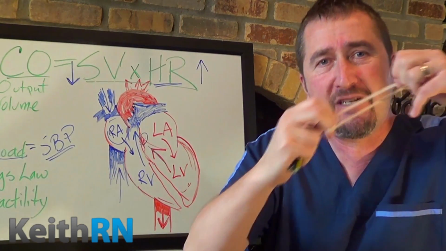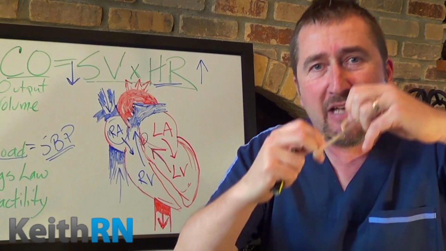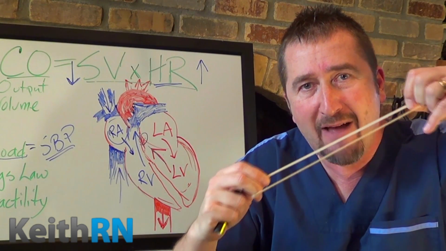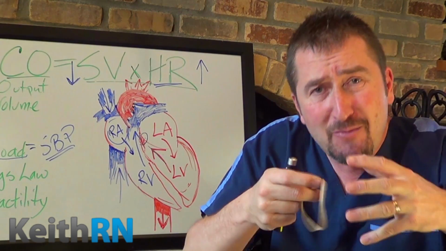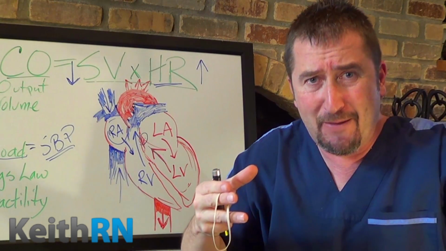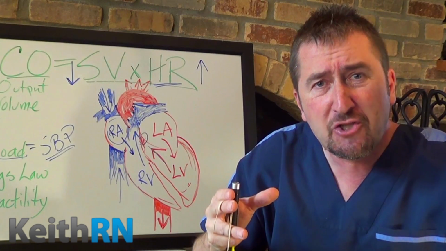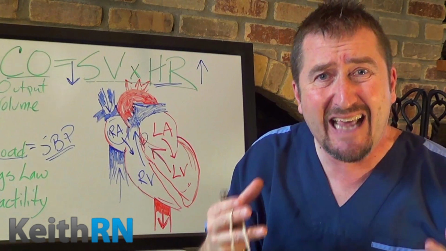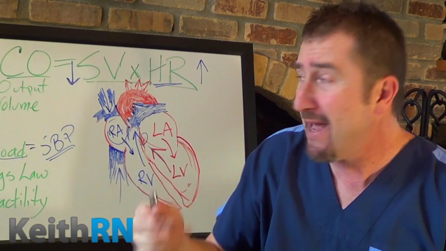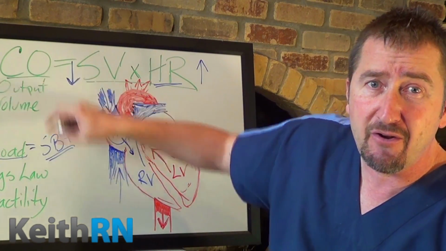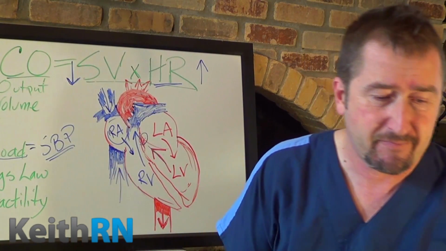What's going to happen to this rubber band over time? It's going to stay stretched, and it will have very little contractility, and therefore that's when you begin to see the cardiomyopathy and the enlarged heart that actually works against that patient and decreases the heart's ability to maintain adequate cardiac output.